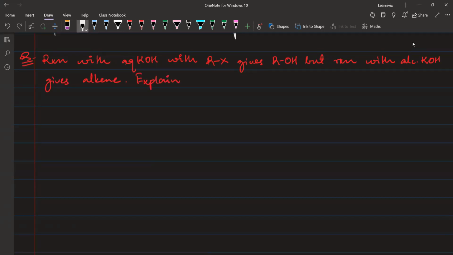Explain. You have to explain this part. I am going to write the answer. ठीक है. आप उस चीज को लिखिएगा, then I will explain it completely. ठीक है. चलिए तो write with me.